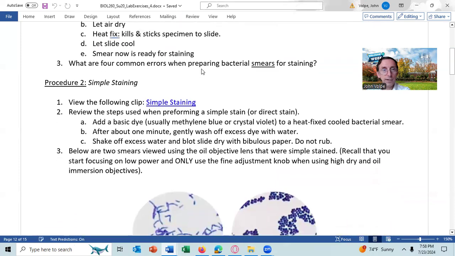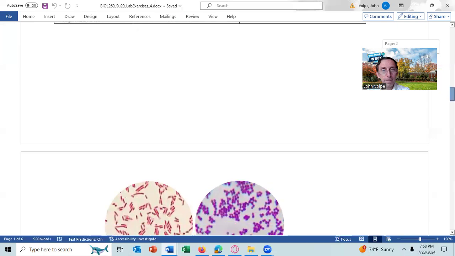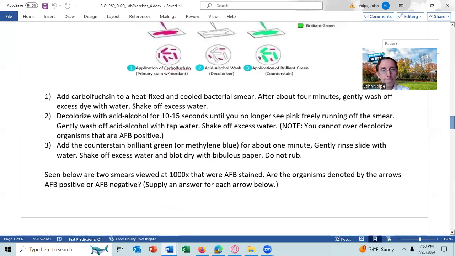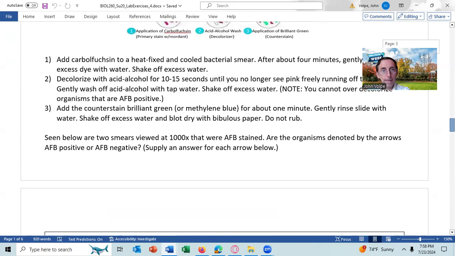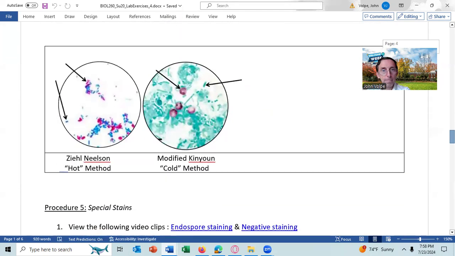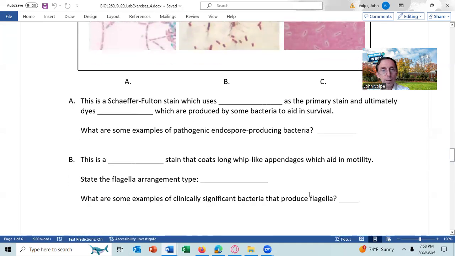Hopefully I stated that question. And then what are some examples of pathogenic endospore producing bacteria? You can get that from the lab module.